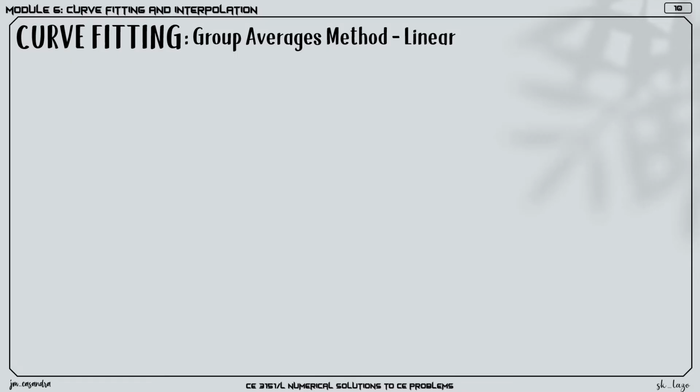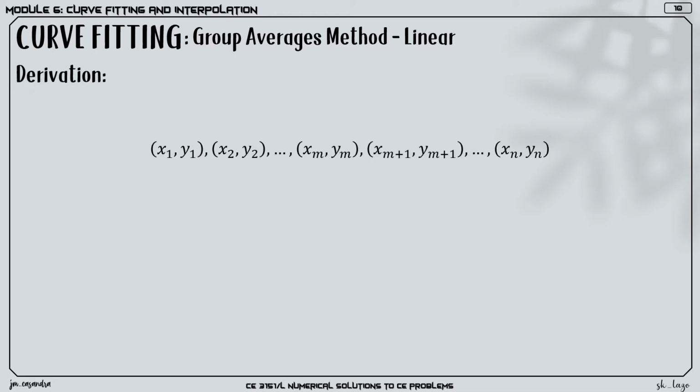The application of the group averages method for linear equations can be derived using the following. For a certain set of data, we can list the coordinates as x sub 1, y sub 1, x sub 2, y sub 2 until x sub n, y sub n.